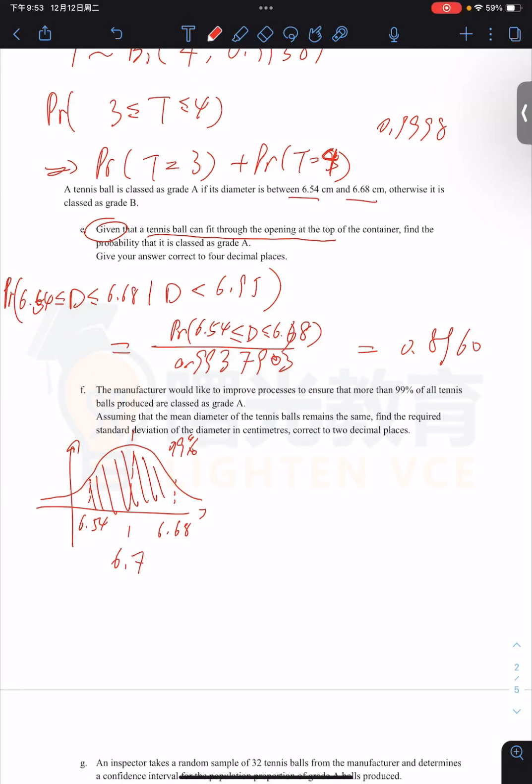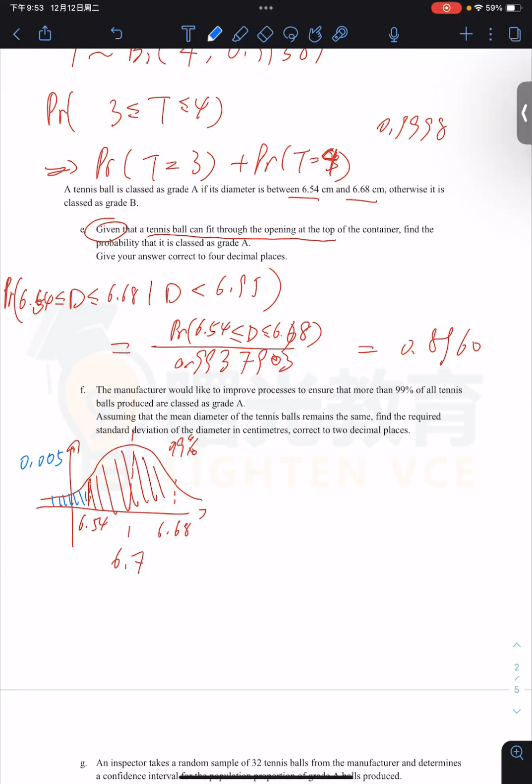If it is 99% between these two values, then the probability of less than 6.54 would be 0.005. The reason it is not 0.01 is that the bell shape is symmetrical. So the left part is exactly the same as the right part. Together, they are 1%. So each part would be 0.005.